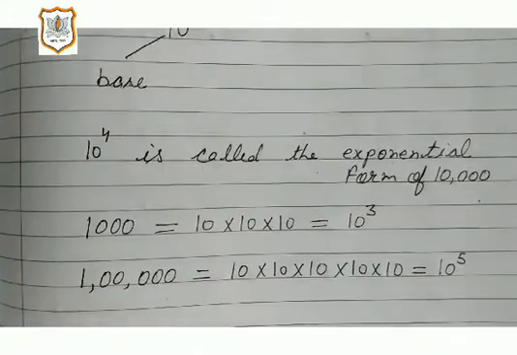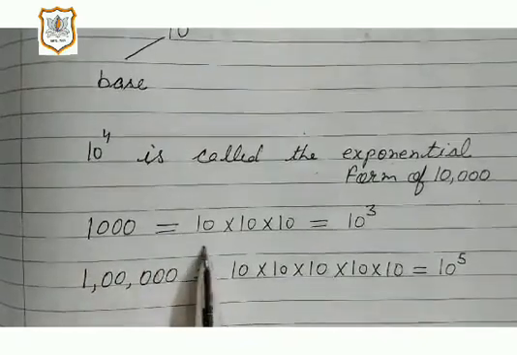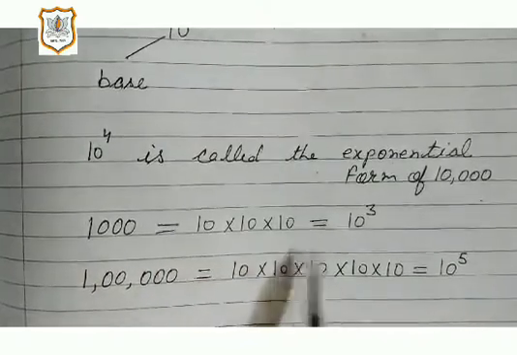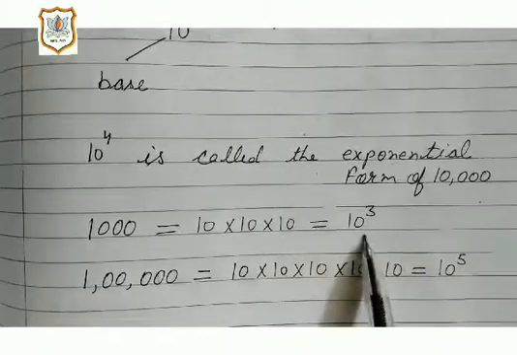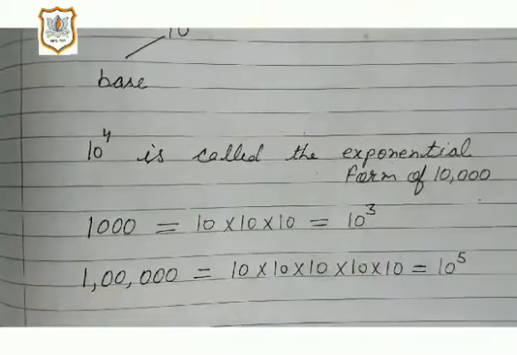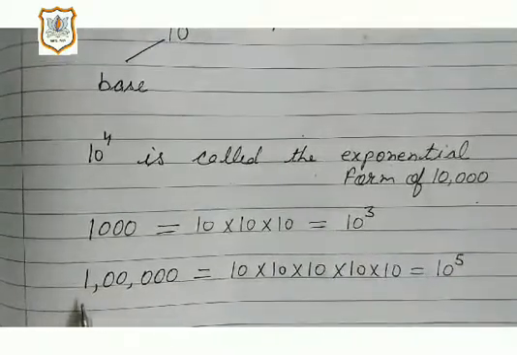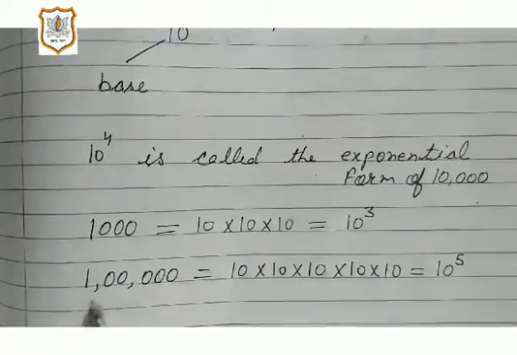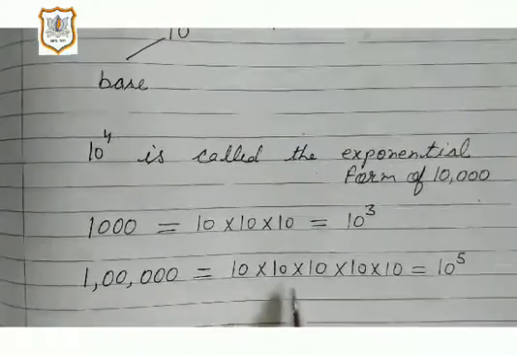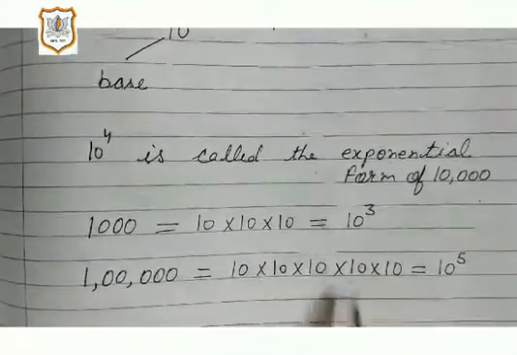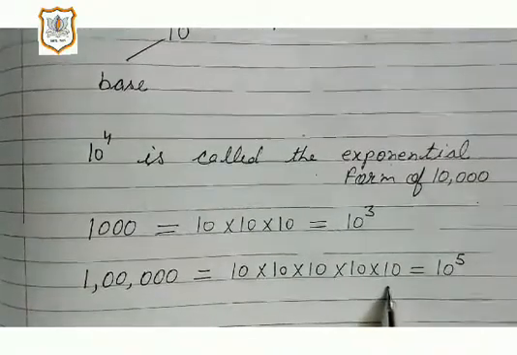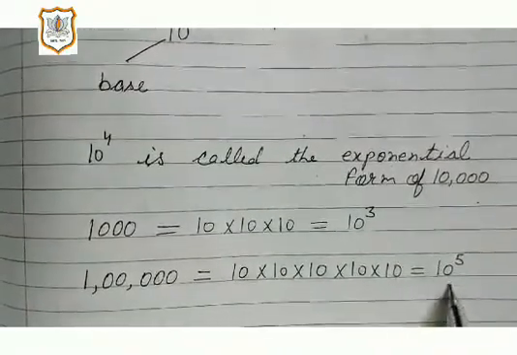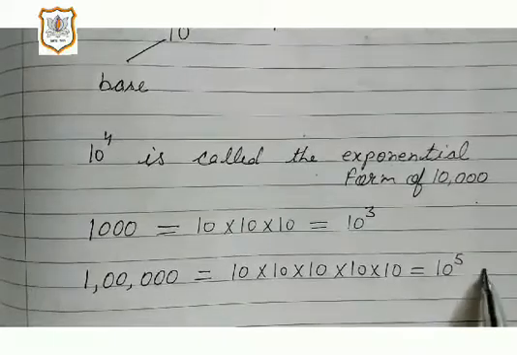Similarly, we can write 1000 is equal to 10 multiplied by 10 multiplied by 10, which is equal to 10 raised to the power 3. Same, we can write 1 lakh is equal to 10 multiplied by 10 multiplied by 10 multiplied by 10 multiplied by 10, which is equal to 10 raised to power 5.